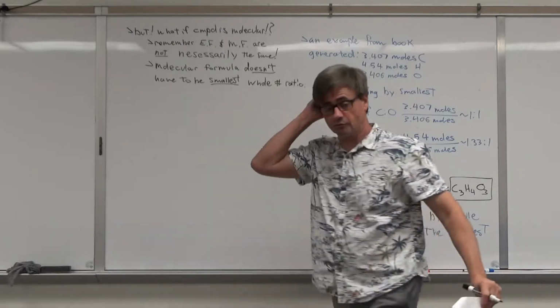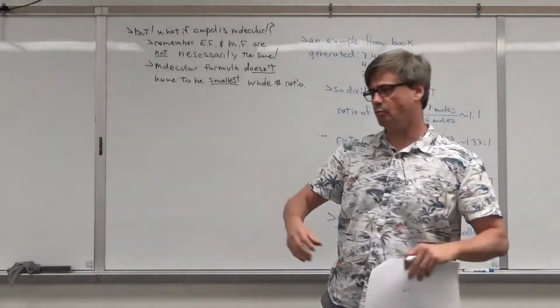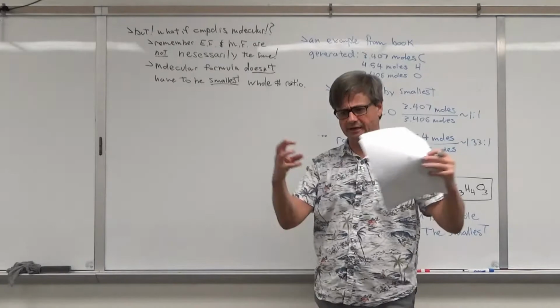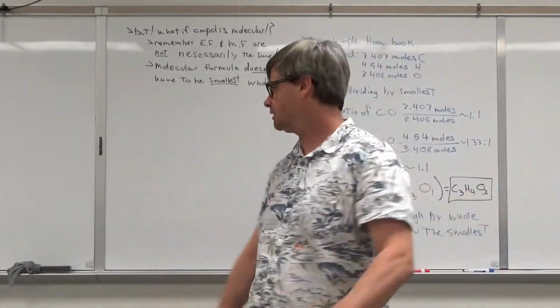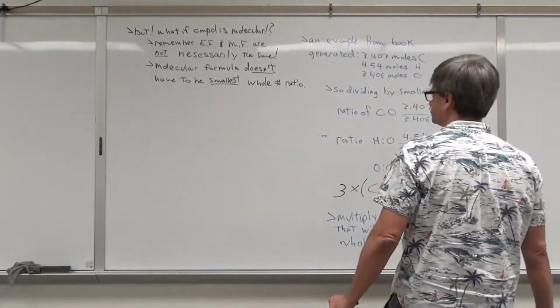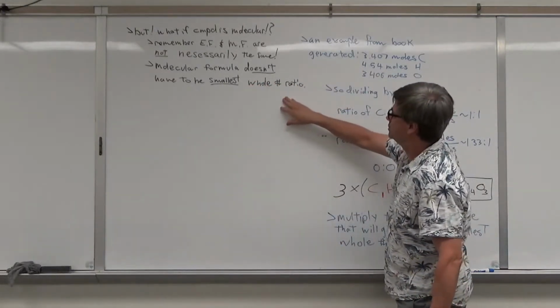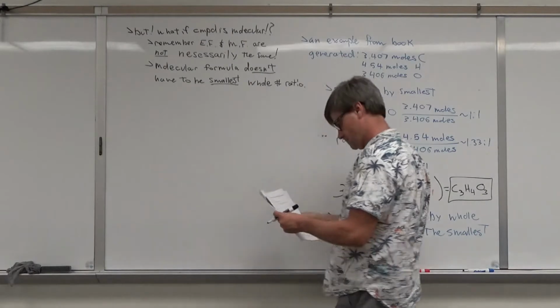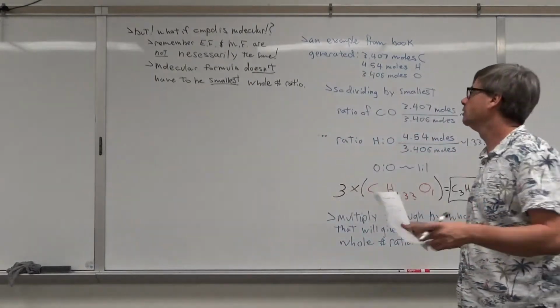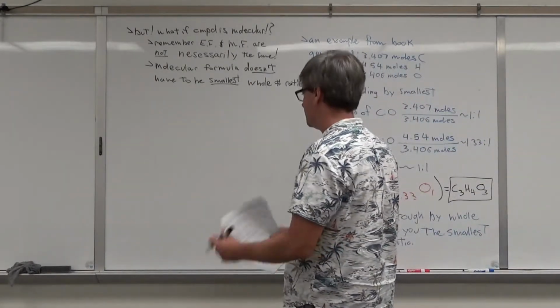Molecular formula is simply what are the various atoms that are connected together. It might be in a larger ratio than the smallest whole number ratio. It's still going to be a whole number, but it might not be the smallest.